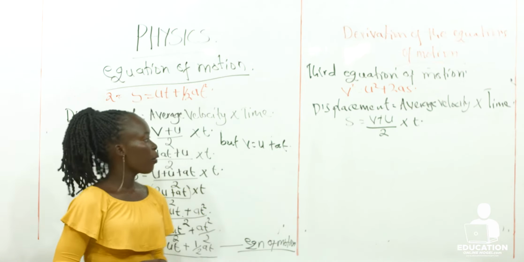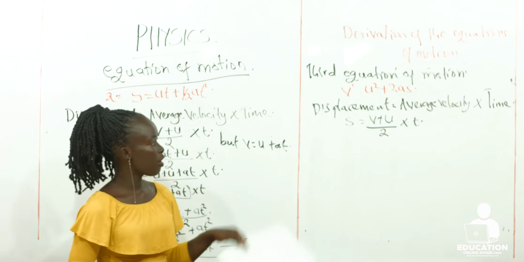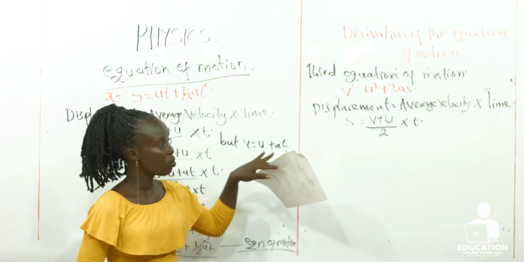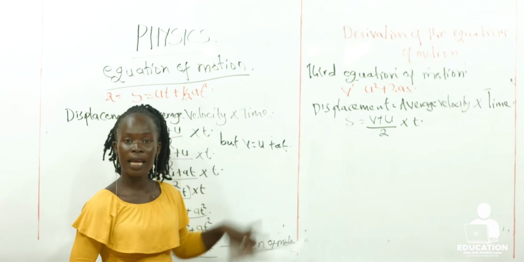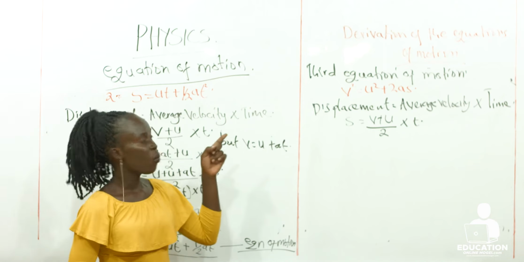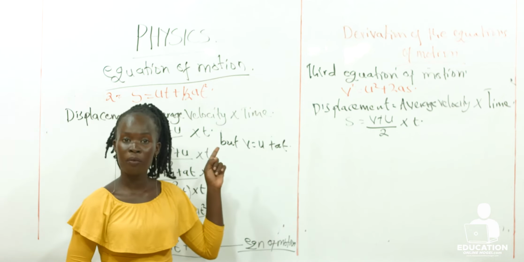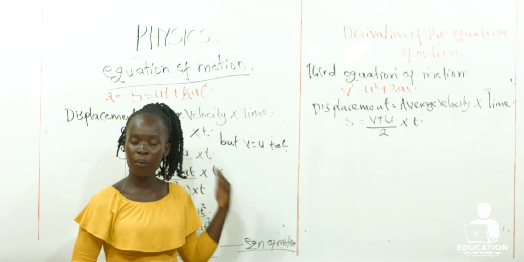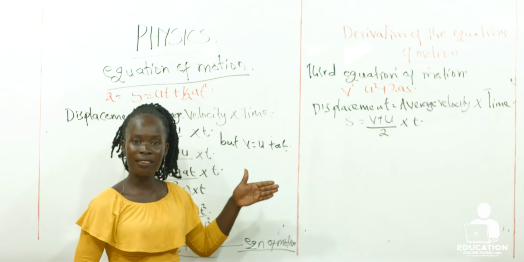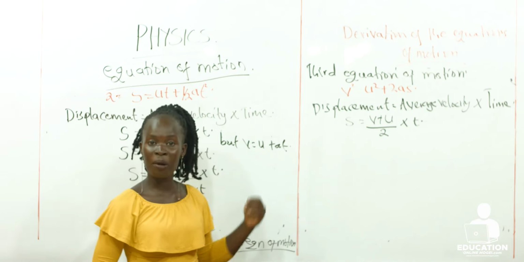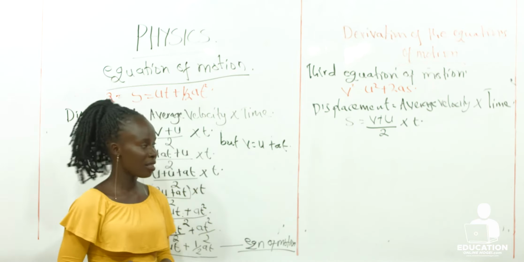In our equation there, we do not have time, so we have to eliminate the time as early as possible. As we eliminate it and make v the subject, you come up with your equation, just that simple.